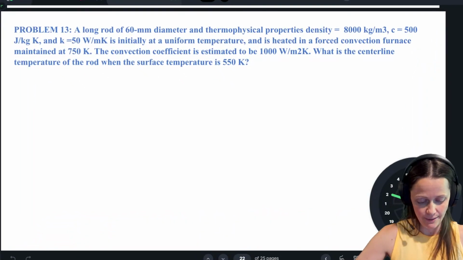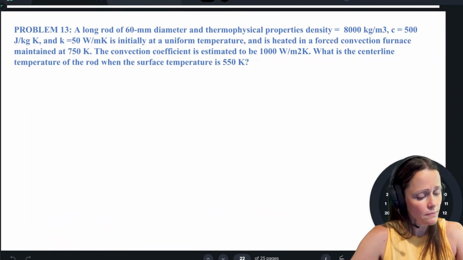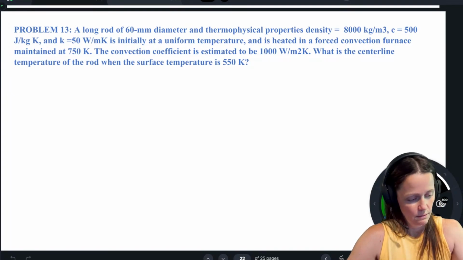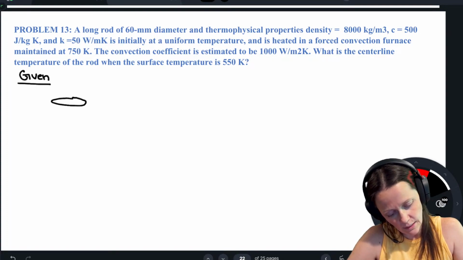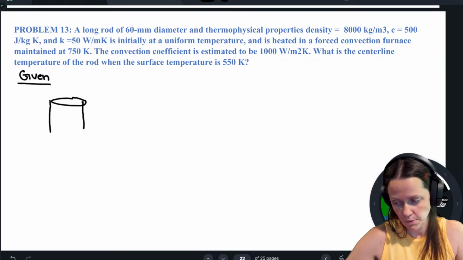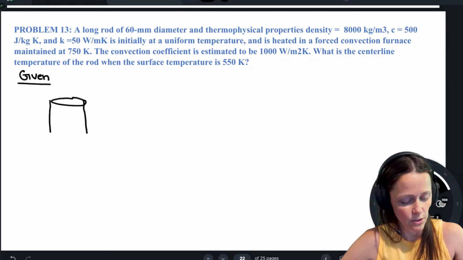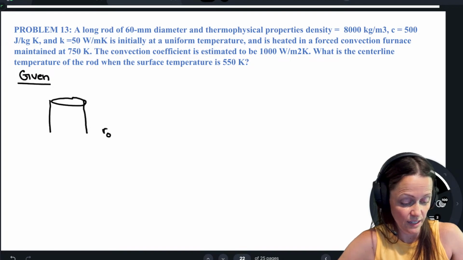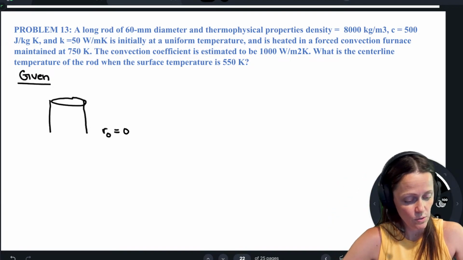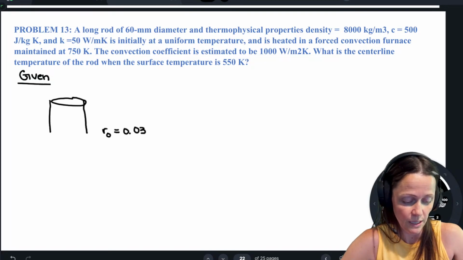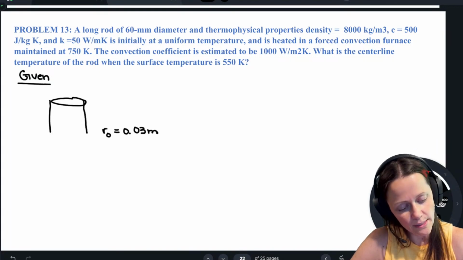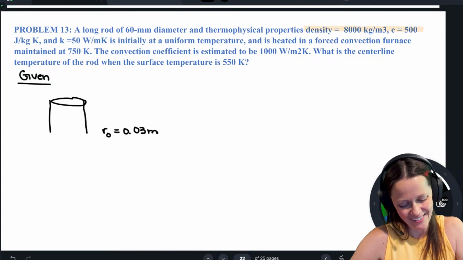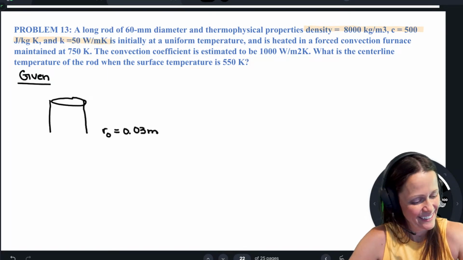All right, so again, we have a long rod, initially 60 millimeters in diameter. So our R naught is 30 millimeters, so 0.03 meters. And then I'm going to be lazy and just highlight the properties so I don't have to write them again.